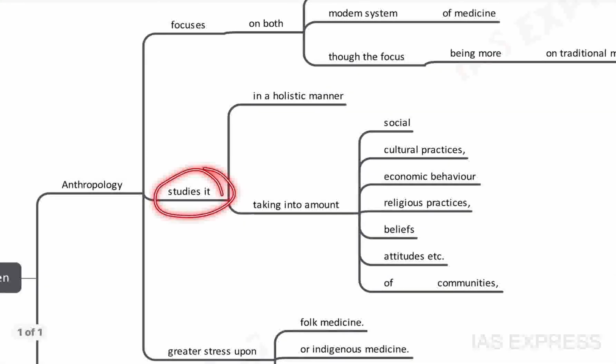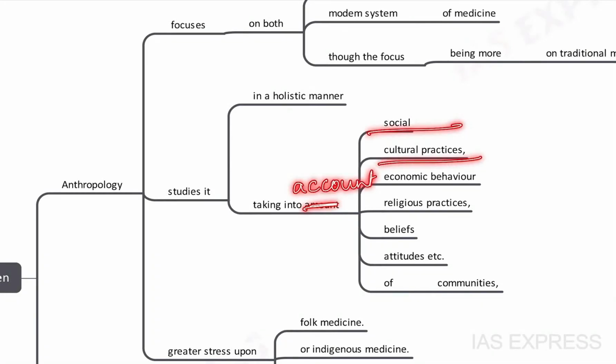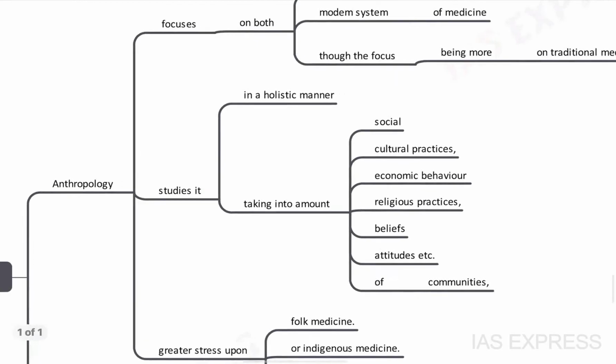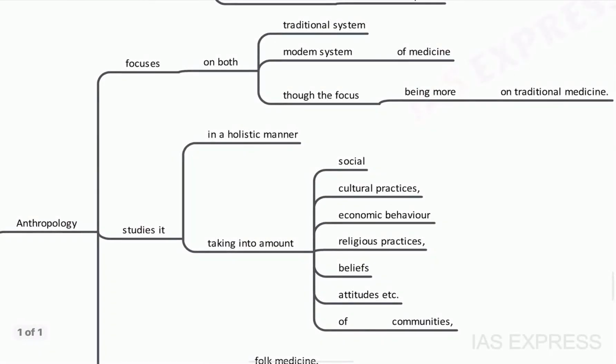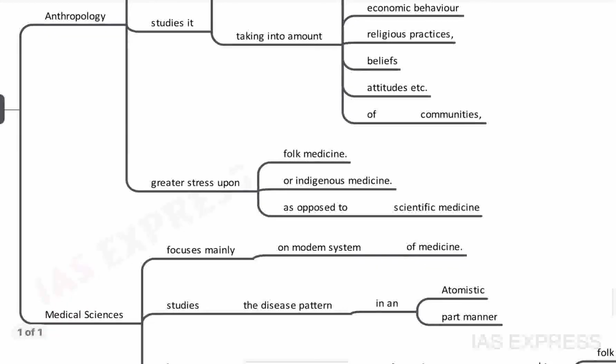Here anthropology studies everything in a holistic manner, and we take into account the social, cultural practices, economic behavior, religious practices, beliefs, attitudes, everything of communities in order to understand the physical as well as the mental well-being of societies. And here the greater stress in terms of medicine is given to folk medicine or indigenous medicine as opposed to the scientific or the modern system of medicine.